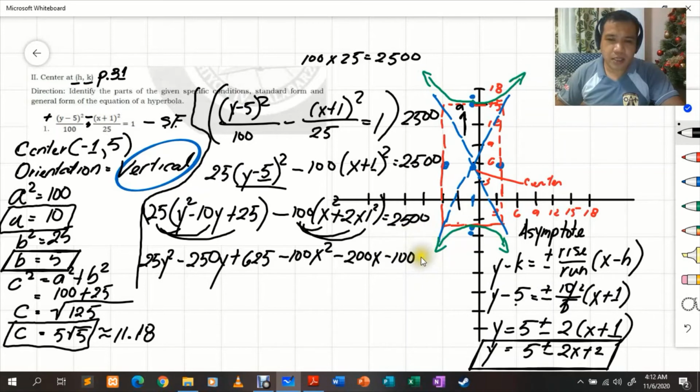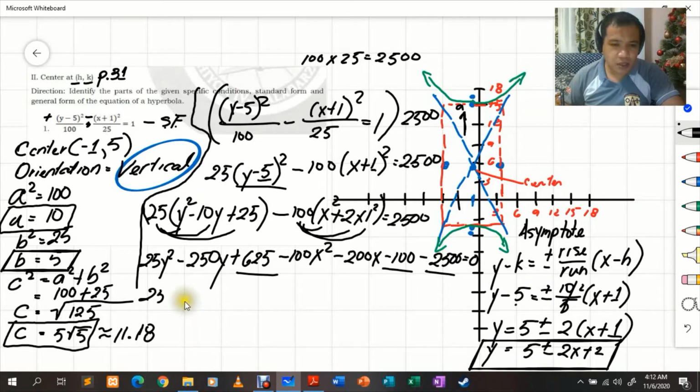Isabay natin si 2,500 dito sa kaliwa equals 0. Yan. May pwede ba tayong i-simplify? So, positive 625, negative 100, negative 2,500. 25y squared, rewrite lang natin.